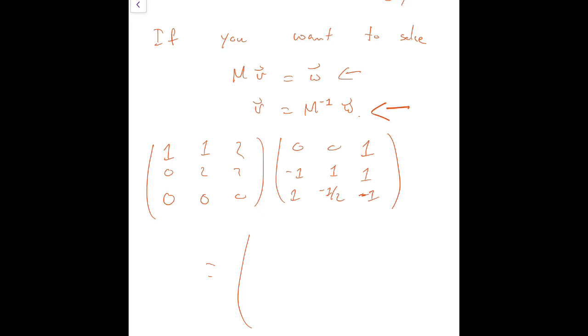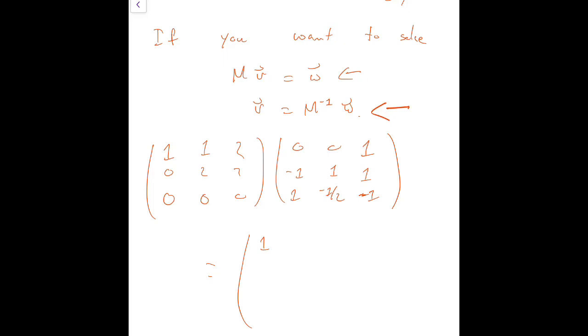We'll do the first column first. Remember the way that we do matrix vector multiplication. The top left entry is going to be 0 times 1 plus minus 1 times 1 plus 2. So it's minus 1 plus 2, that's 1.